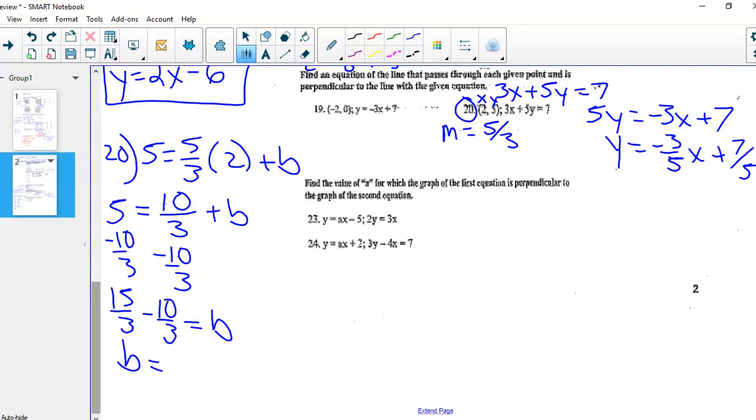What's b? 5 over 3. So what's our equation? It has to be 5 over 3. So we're not looking at that one. We're looking at our new one.